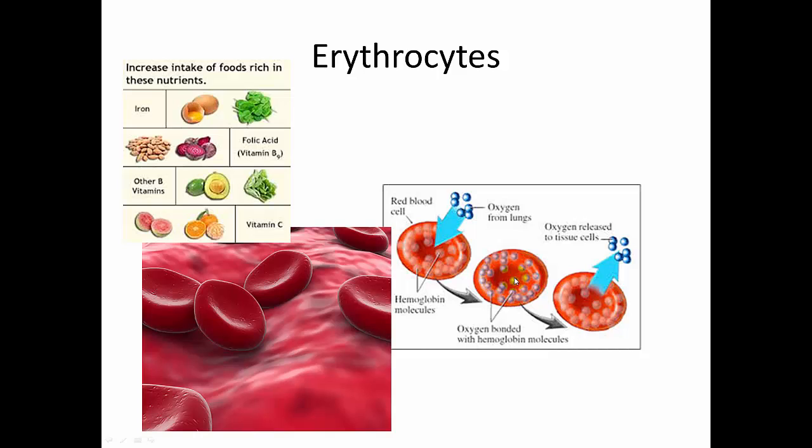And then the red blood cell travels through the body and releases the oxygen wherever it's needed by the tissues. At the same time, as it releases its oxygen, carbon dioxide then attaches to those red blood cells and travels back to the lungs where the process is started over.